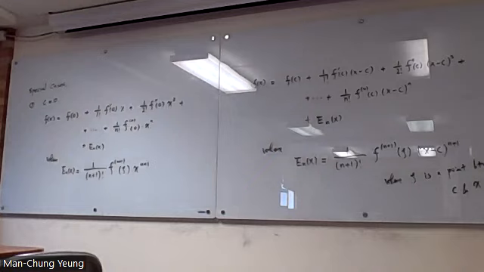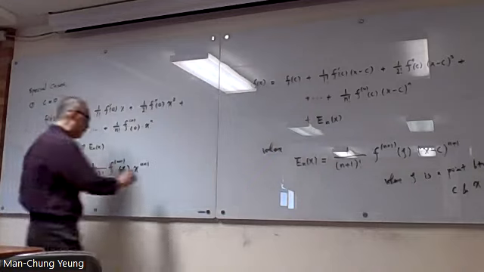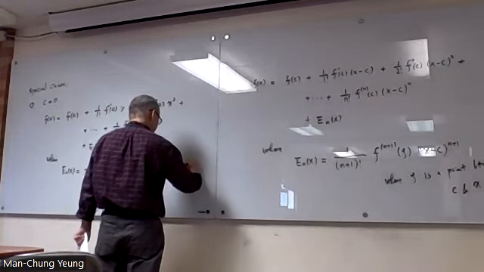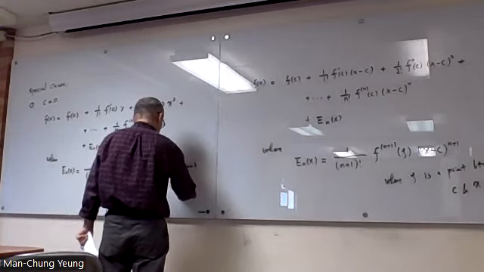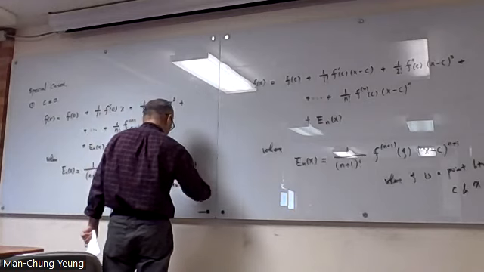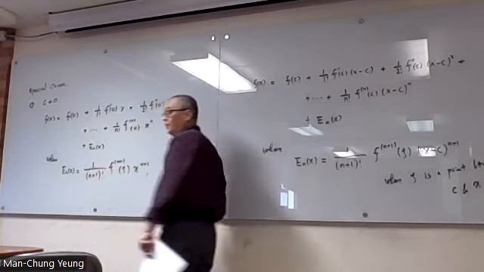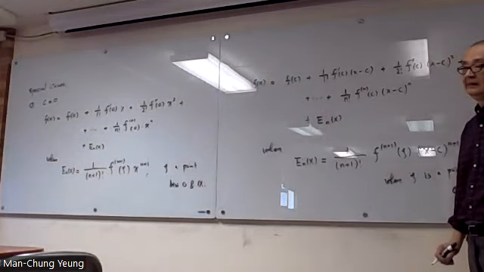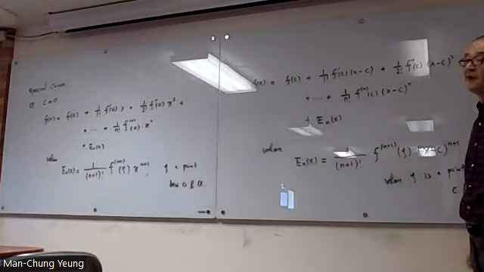The point psi, usually we don't know. We just know psi is a point between 0 and x. This is the first case we often use.